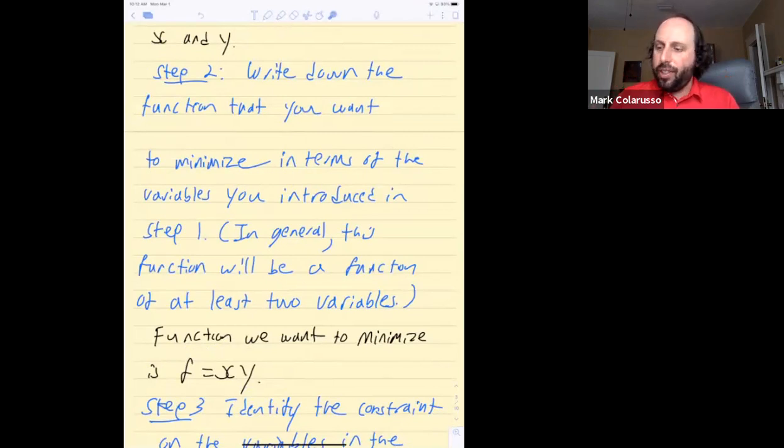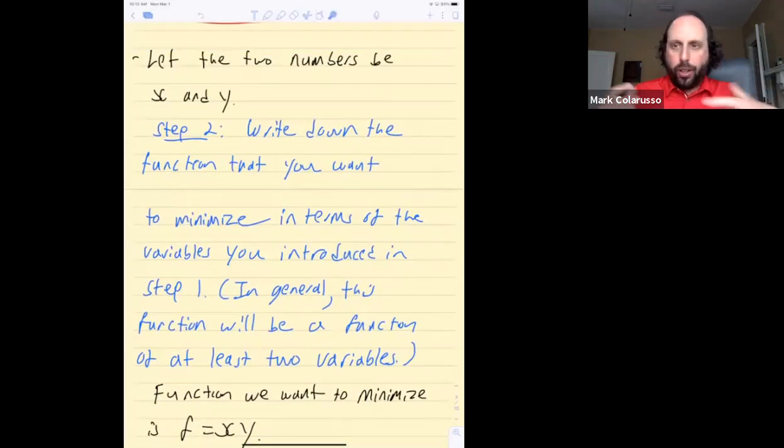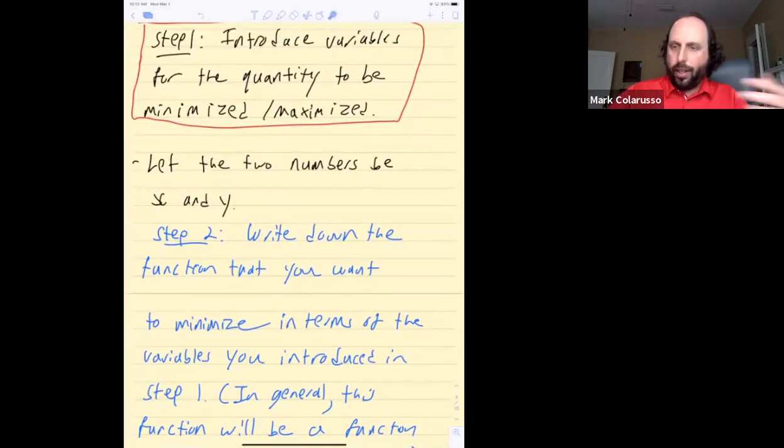But many of these functions you want to minimize have to do with something geometric. And so then in this step, there's the added complexity of drawing a diagram that you associate with the variables, and then using geometry to write down the function that you want to minimize or maximize. That diagram part's kind of tied in with step 1 and step 2.